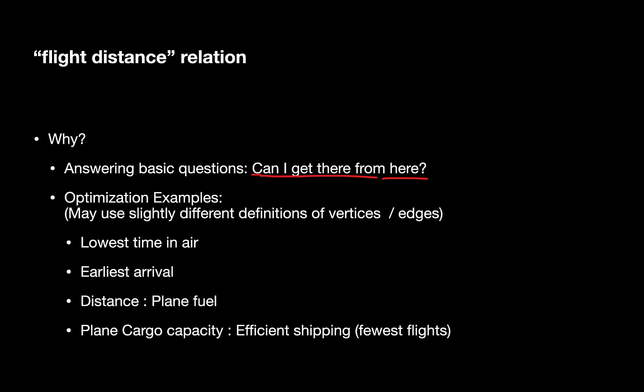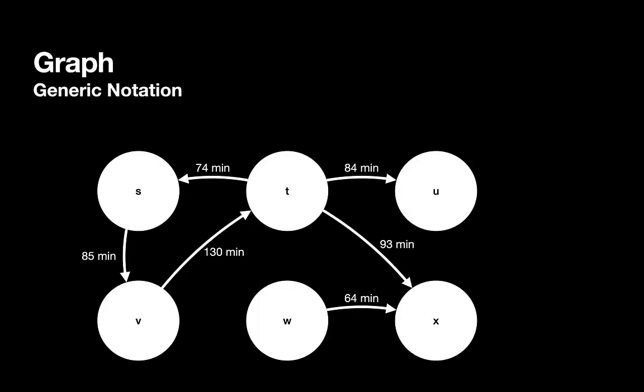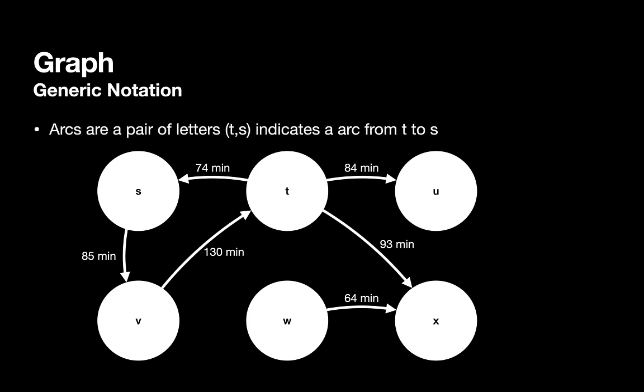Okay, so I want to look at two more things in this component of the module. I want to talk a little bit about generic graph notation. Oftentimes we represent nodes just with single letters when we're talking about graphs in a generic sense. So instead of naming them with cities, as I was doing earlier, we might just refer to them generically as node S, T, U, V, W, and X. We oftentimes just use single letters for the nodes and vertices. When we do that, then we can describe arcs as a pair of letters.